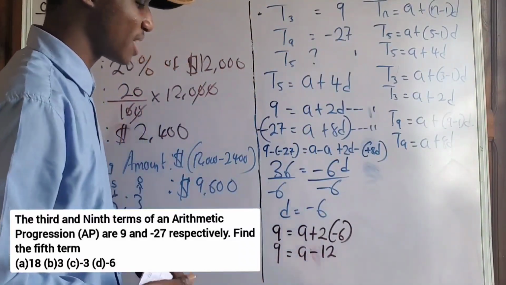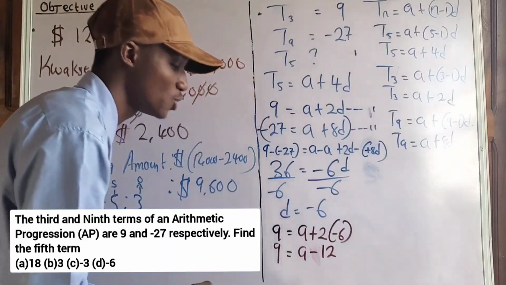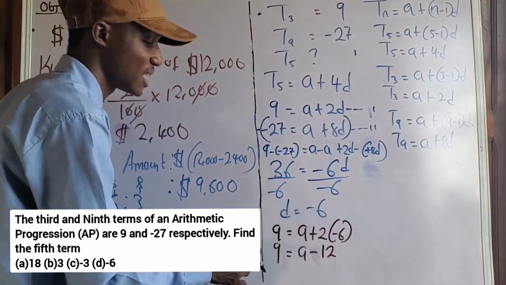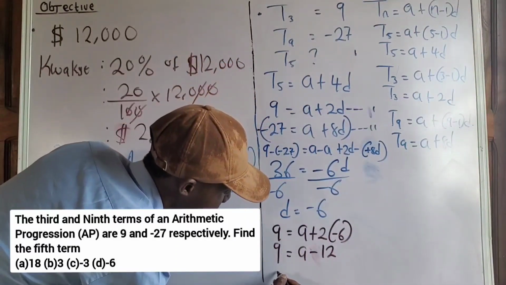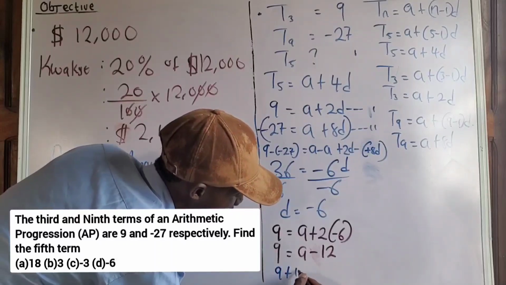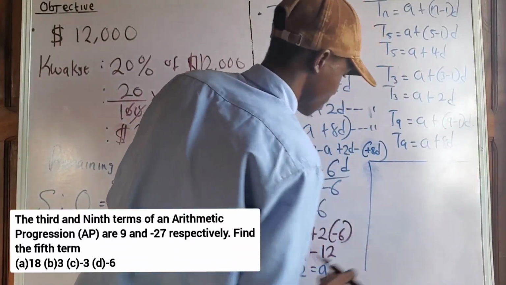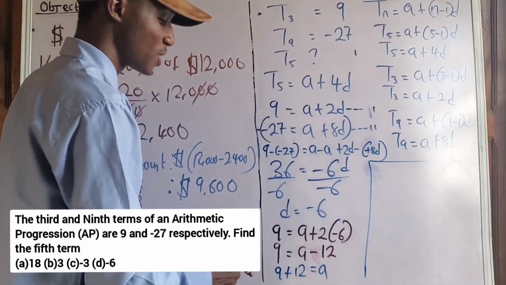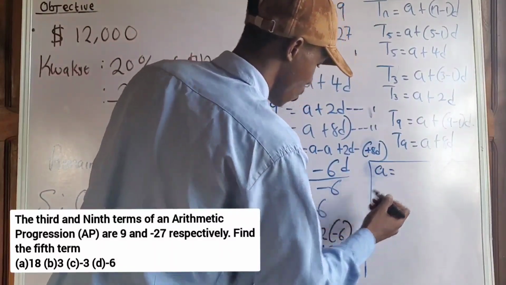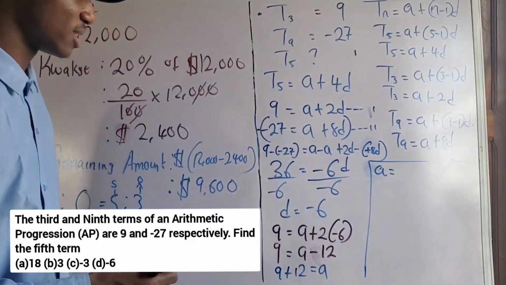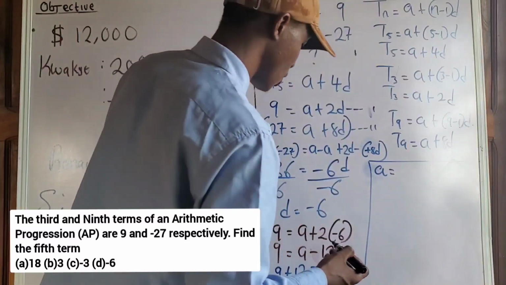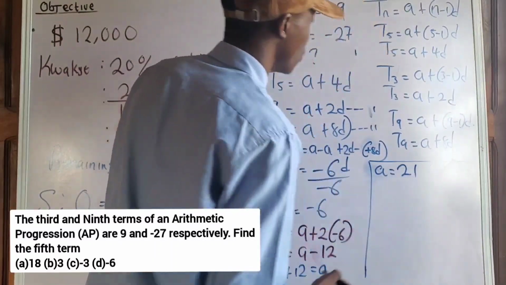Please pay attention. To get the value of A, just take this negative 12 to the other side. So 9 plus 12 equals A. A equals 21.